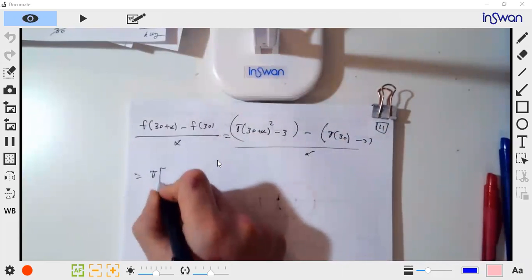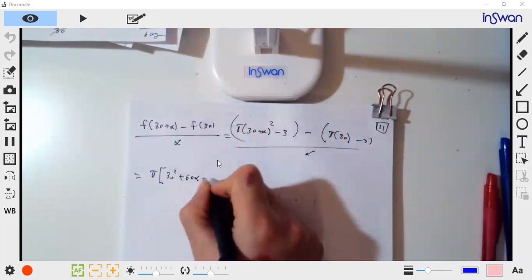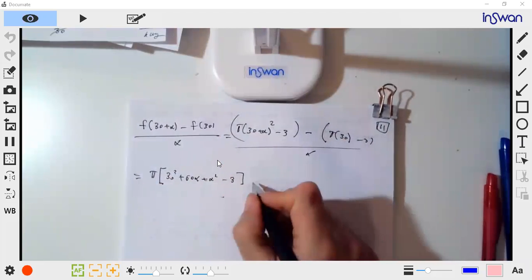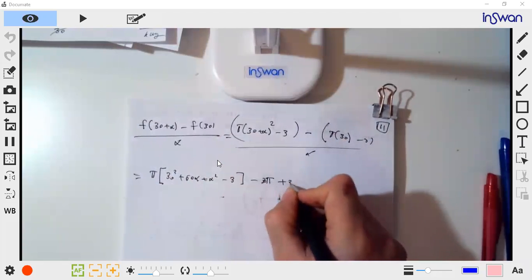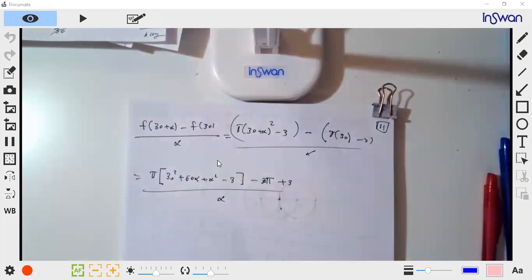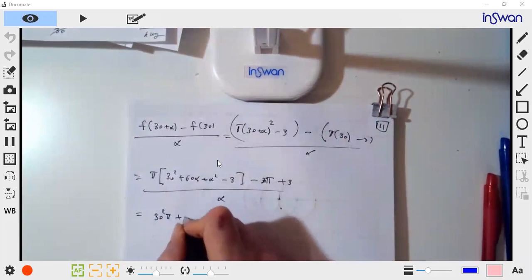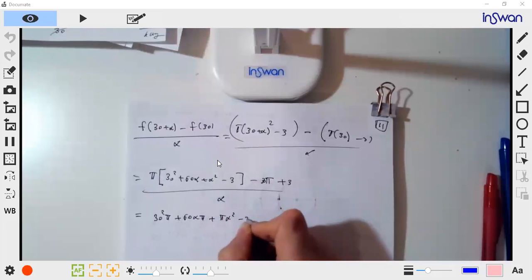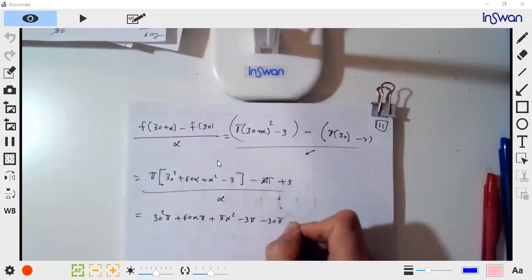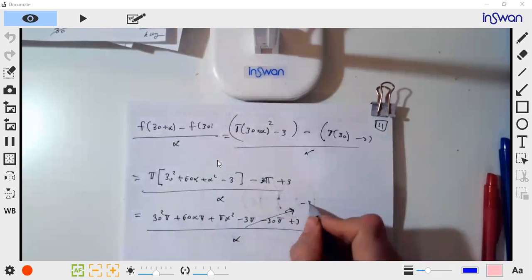So this becomes pi times the quantity 30 squared plus 60 alpha plus alpha squared minus 3, minus your 30 squared pi plus 3, all over alpha. So this reduces to 30 squared pi plus 60 alpha pi plus pi alpha squared minus 3 pi minus 30 squared pi plus 3 all over alpha. This reduces to a negative 33 pi.